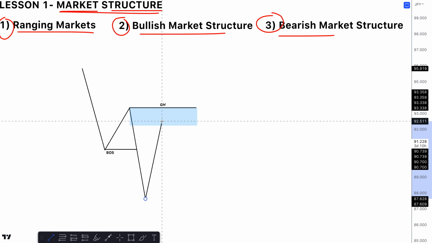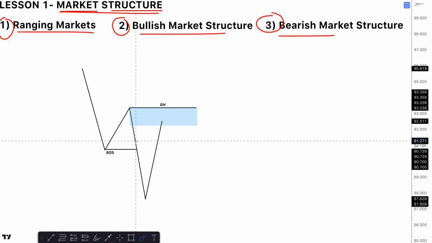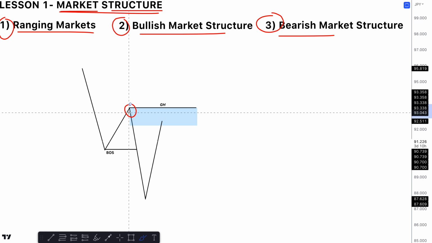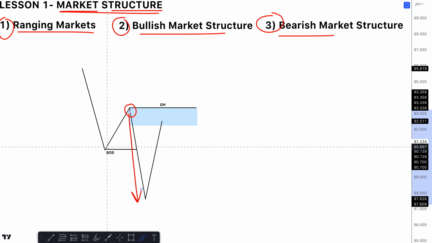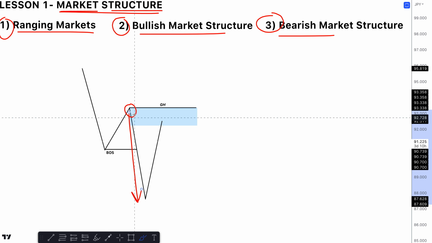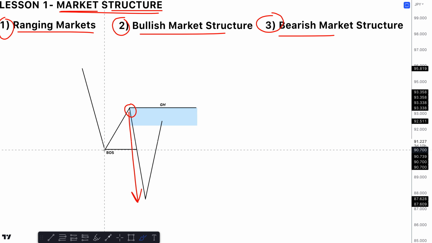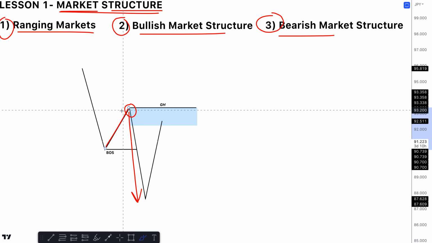In terms of a liquidity point of view, imagine this. Institutions sold here in order to push price strongly to the downside. But before they could sell, they had to buy strongly into this area. So they bought into this area.